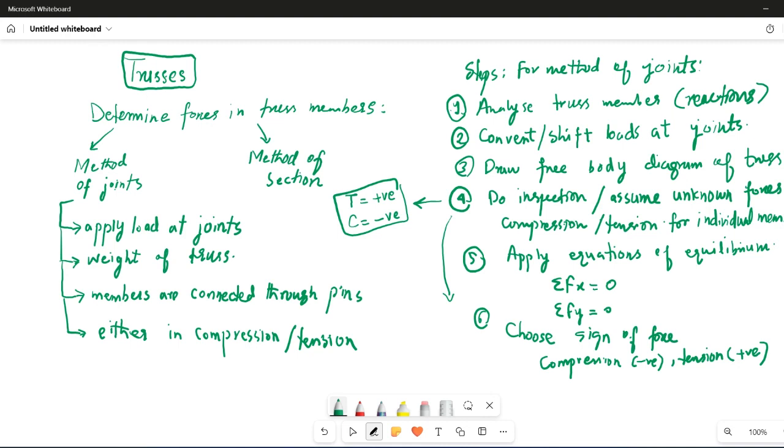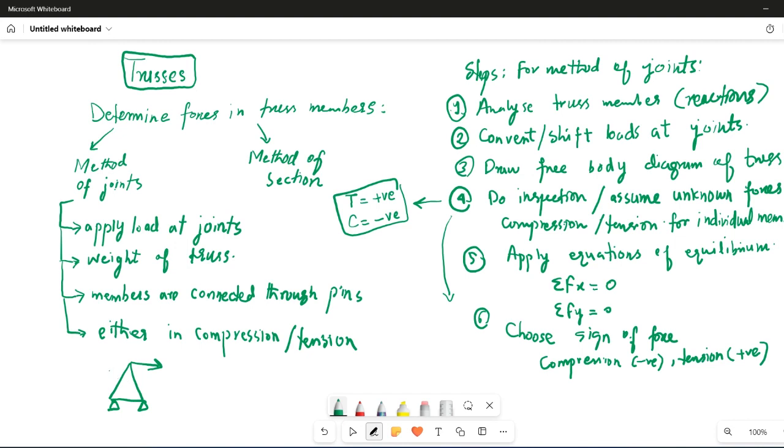If it is not correct, it will give you the opposite, and you can just turn it and say that this is compression. For example, just consider this simple truss, and here we have this support, and the force is being applied here.